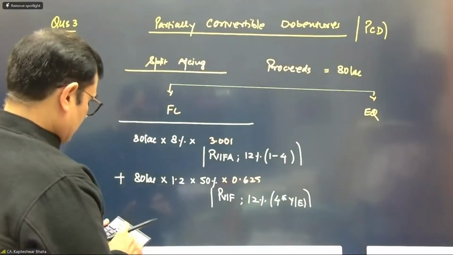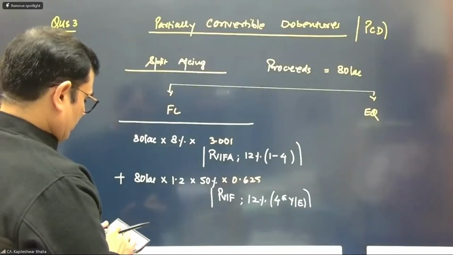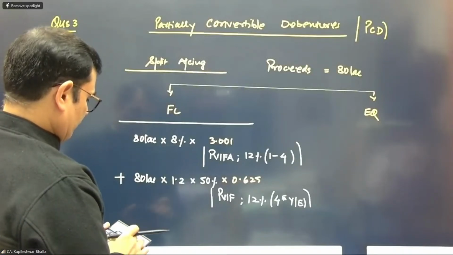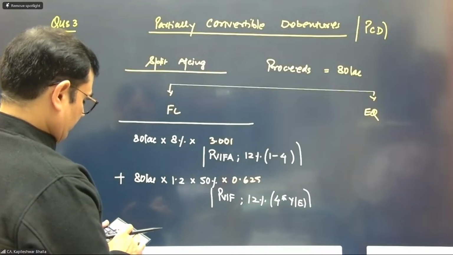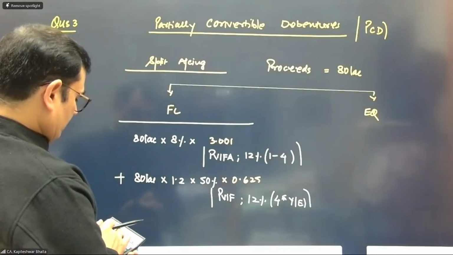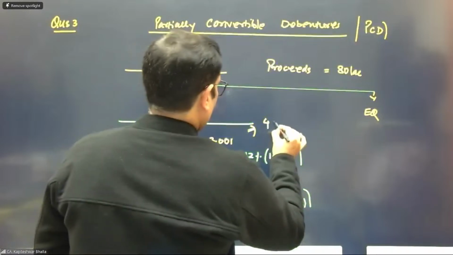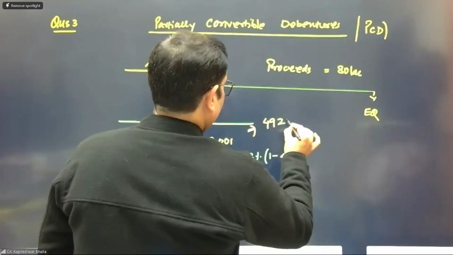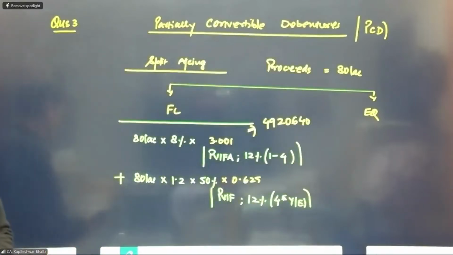No. This is 80 lakhs, 1.2, 50%, 0.625, 30 lakhs. Just see, is this coming to a total of 49 lakh 20,640? Just see, is this matching?